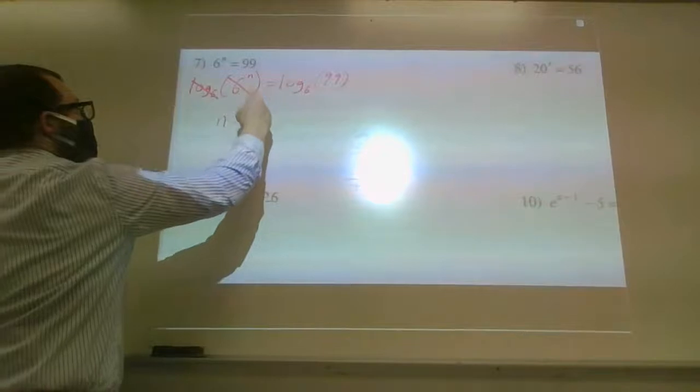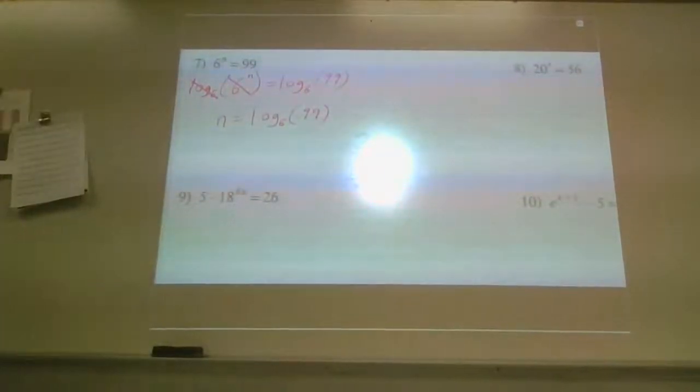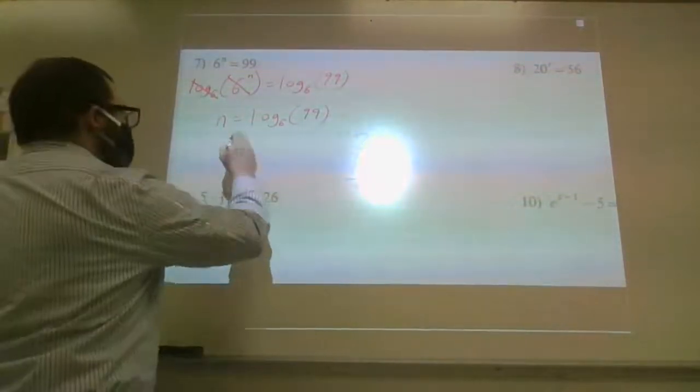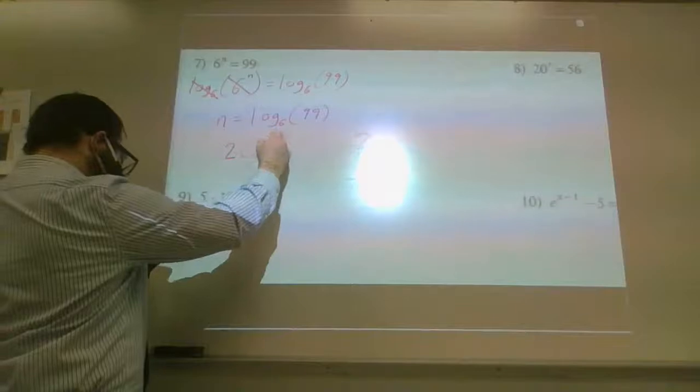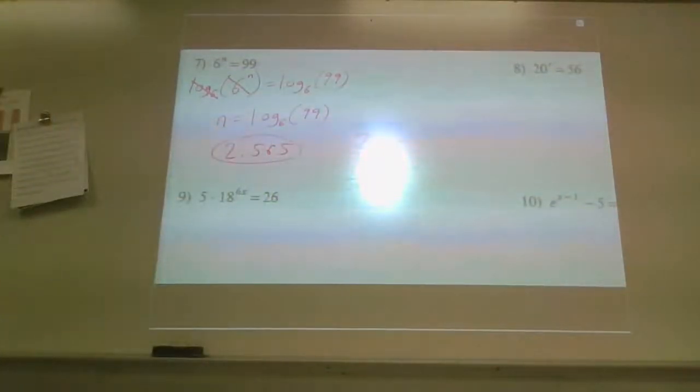This is not the only way to handle the problem, but it is definitely one way of getting that variable by itself. If you take correctly the log base 6 of 99, the answer is approximately 2.565 when you round it.